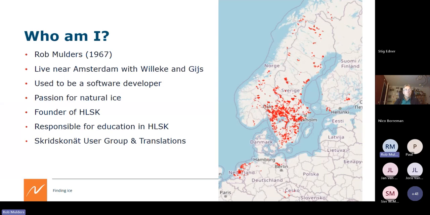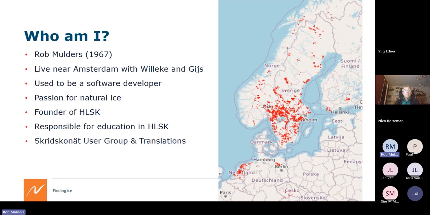First of all, who am I? I'm Rob. I live in Amsterdam with Willeke and my son Gijs. I used to be a software developer, but I retired early. I have a passion for natural ice, and that's something you can see on the screen on the right.